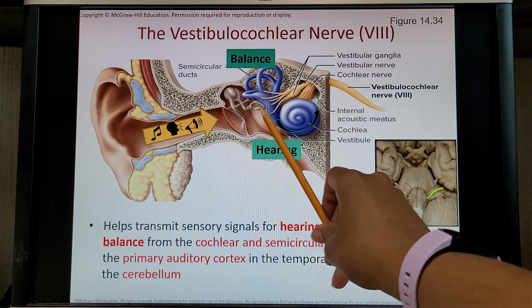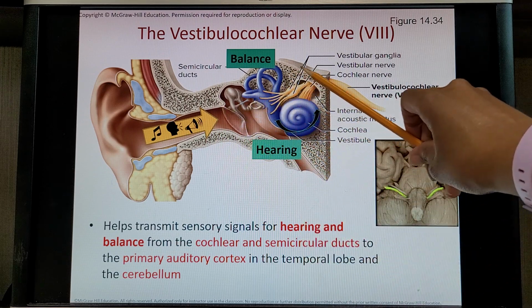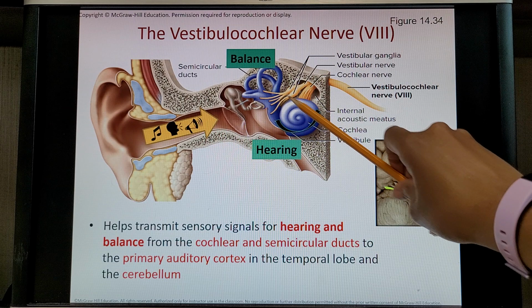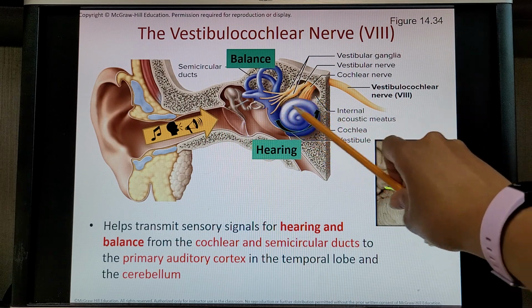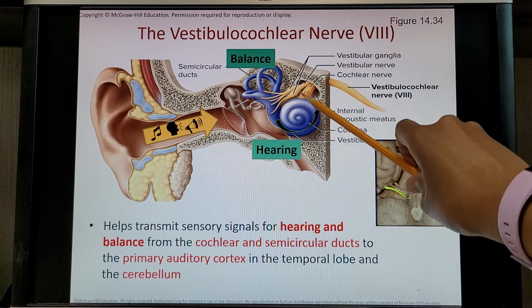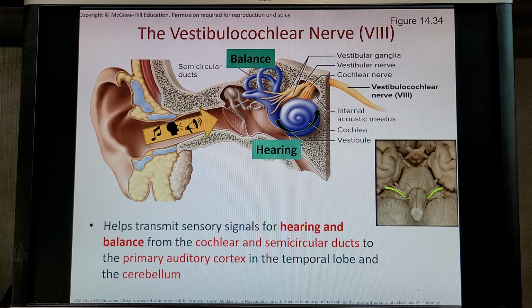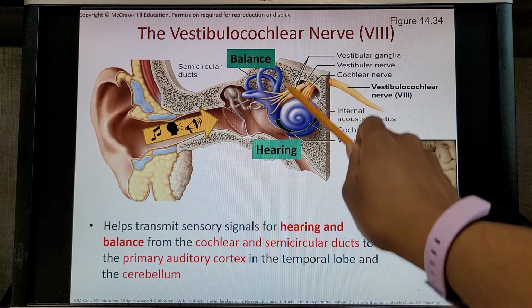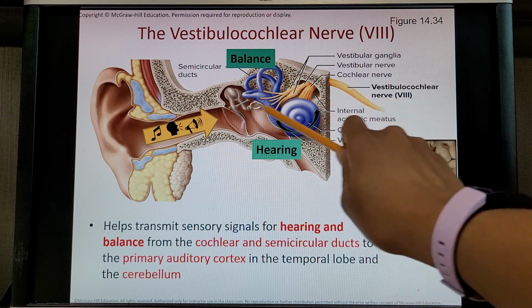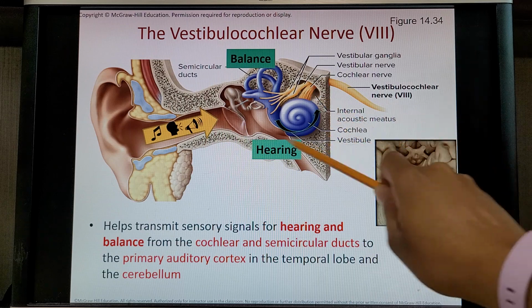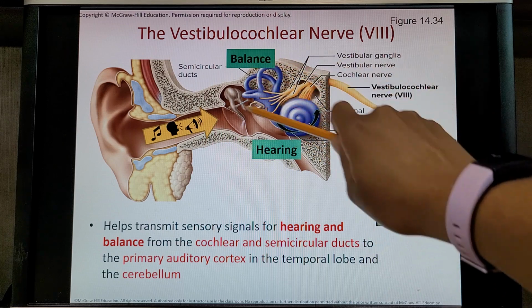We'll talk about their functions later, but that information goes on the vestibular nerve and joins with the information coming from our cochlea, so the cochlear nerve, and they combine to form our vestibulocochlear nerve, which is cranial nerve number 8. So a kind of cute way of remembering that one is that it's in the shape of an 8.